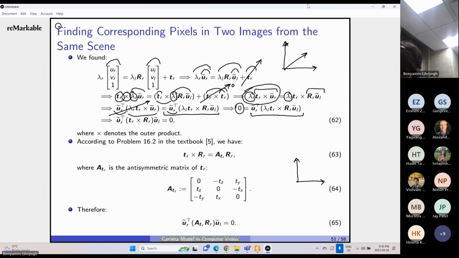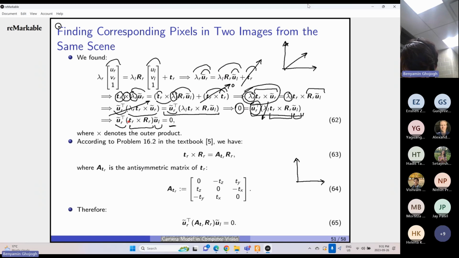Okay. Now, this lambda L, I can drop it because I can divide the sides by lambda L. 0 over lambda L becomes 0. So this goes away. And I have UR tilde transpose this term here and also UL tilde equals 0, right?